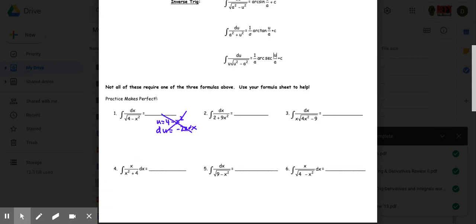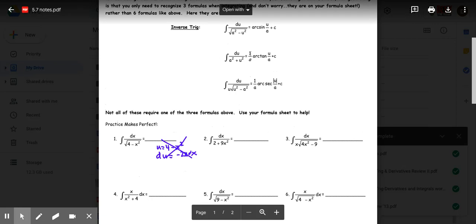That's the x squared. So once you realize you have to use one of these 3 formulas, you're writing out just a tad more. So you're writing out what your u squared is, which is x squared. You're writing out u, which is x. You're writing out your du, which is dx. You're also writing out what your a squared is, which is 4.